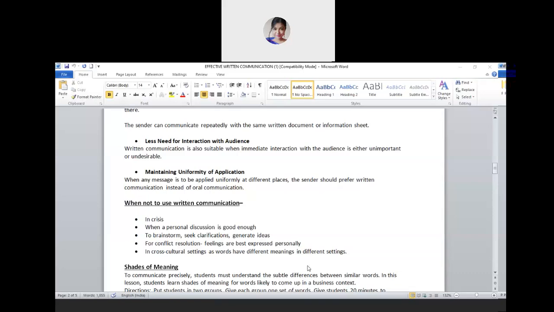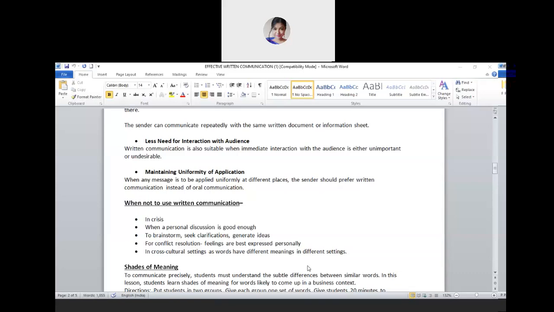The next point is for conflict resolution. When you want to solve a conflict, when you want to find a solution for a problem, you cannot write and communicate. You cannot use the written mode of communication to find a solution.